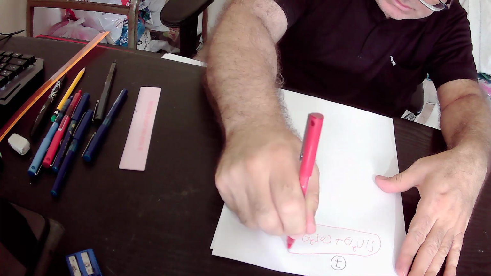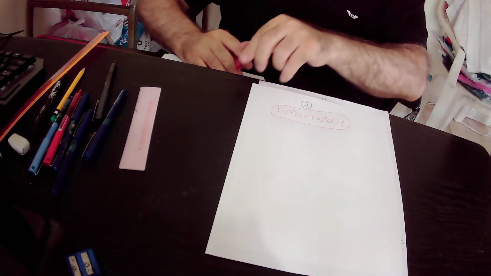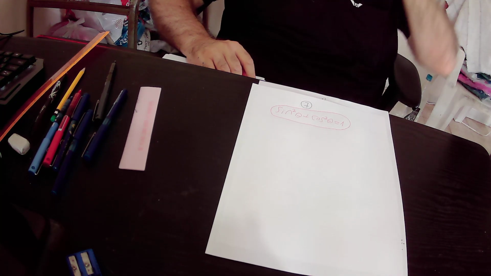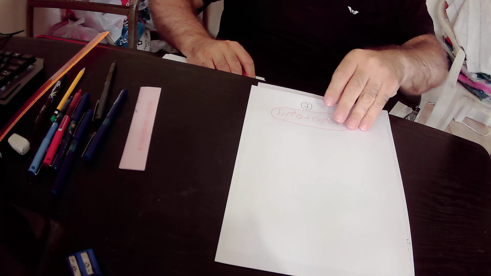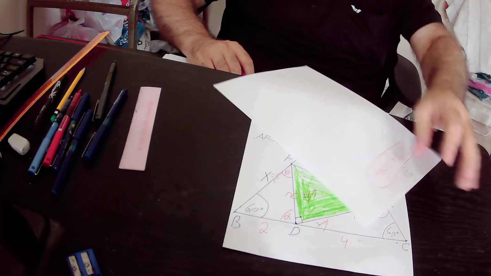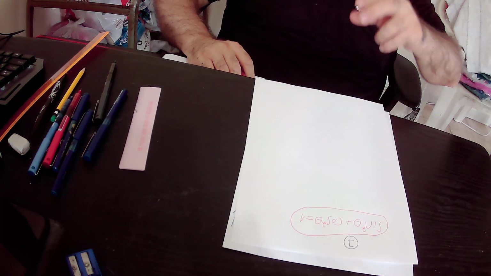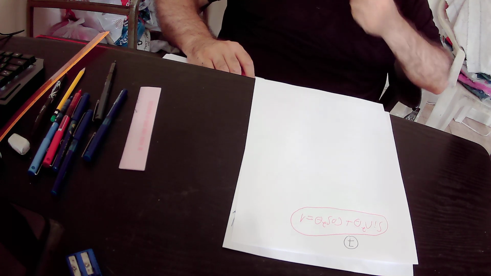So we will use this trigonometric identity in order to find out the value of cosinus theta. We have already found out that the value of sinus theta is root 3 over root 7, and we want to find out the value of cosinus theta.